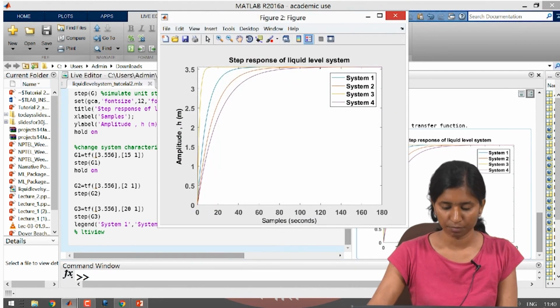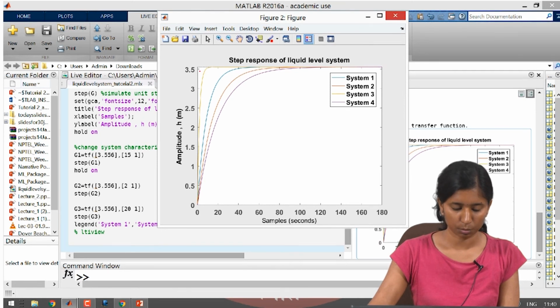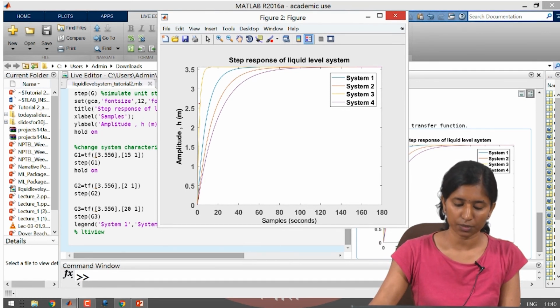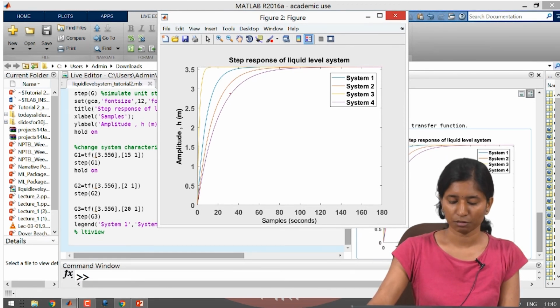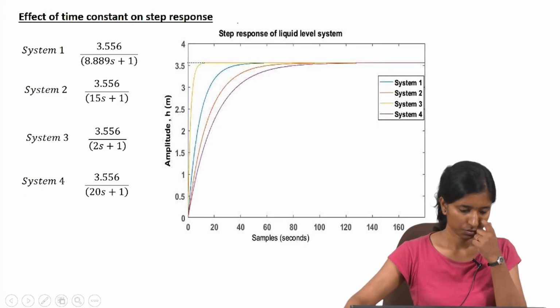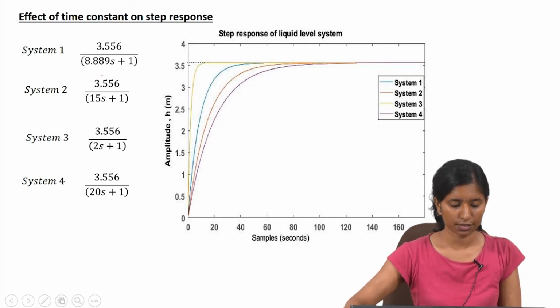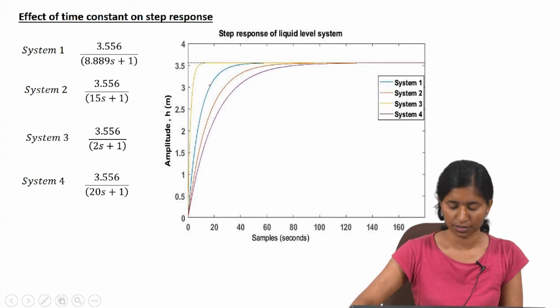As you can see, system 1 is the blue line, but system 3 responds much faster and quickly reaches the final value, and system 4 is the slowest. The time constant of system 1 was 8.89 seconds, shown in blue, and the time constant of system 2 is 15 seconds.